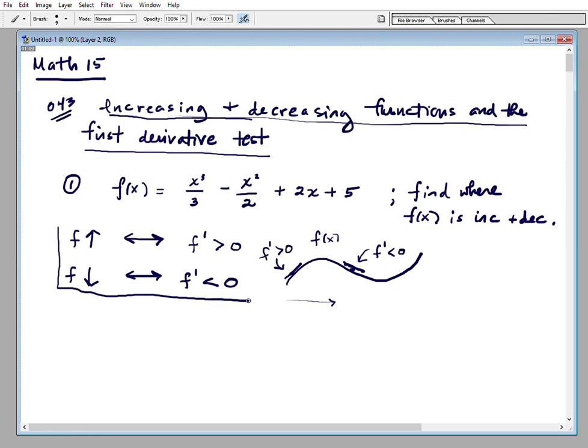Okay, so this is what we saw last time. And here we want to know when a function is increasing or decreasing. So what we're going to do is we want to see where f prime is greater than 0, and where f prime is less than 0.